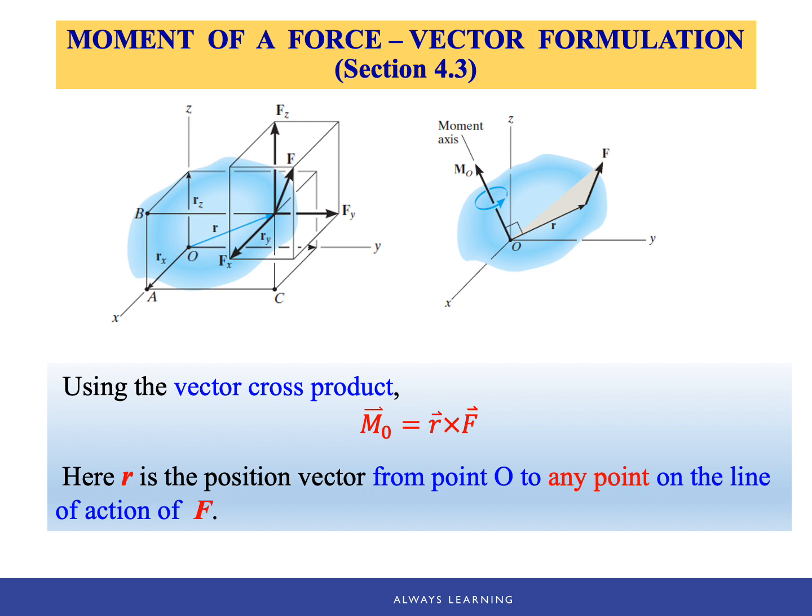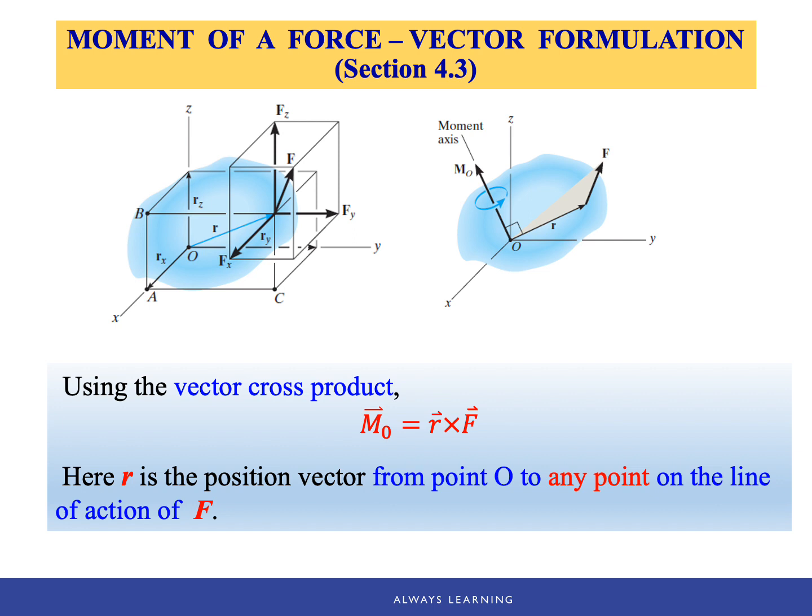So the moment of a force about point O is defined as a position vector r cross the force vector F, where this position vector is directed from point O to any point on the line of action of F. So be very careful with the orientation of this position vector r.